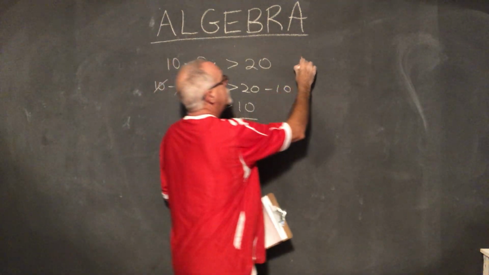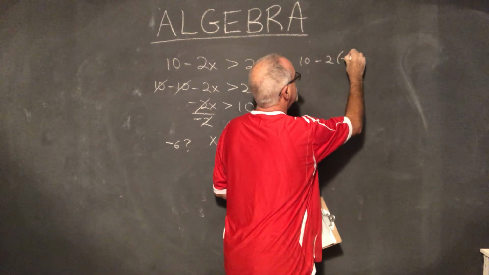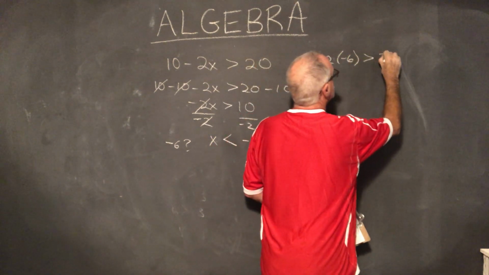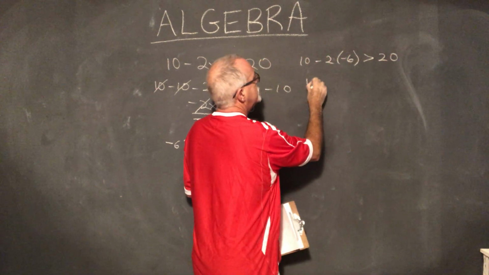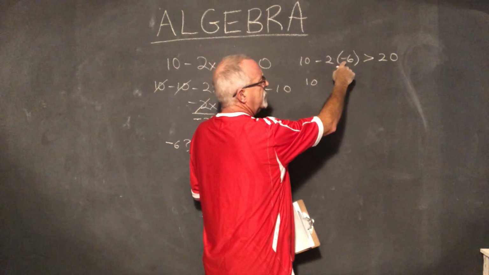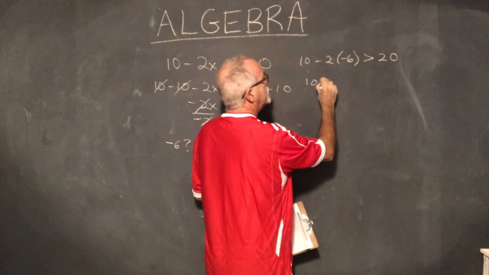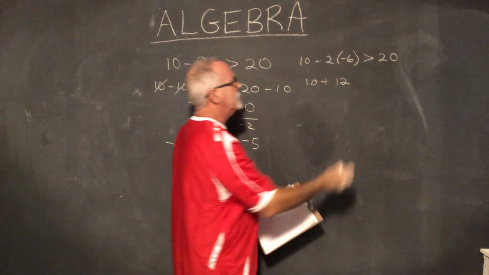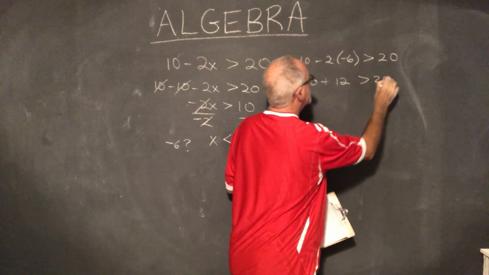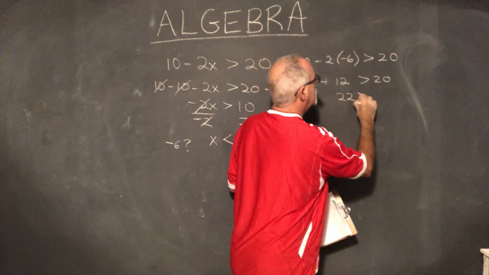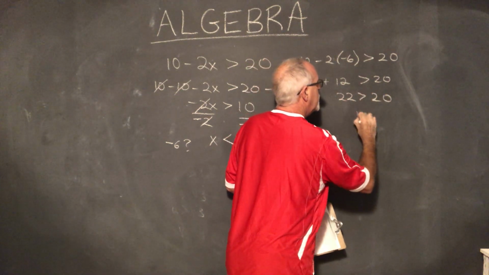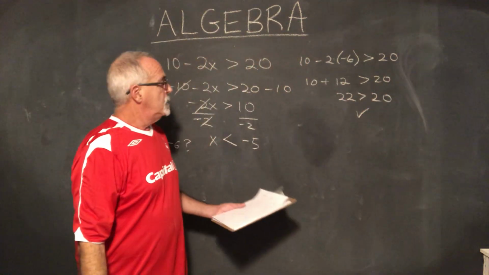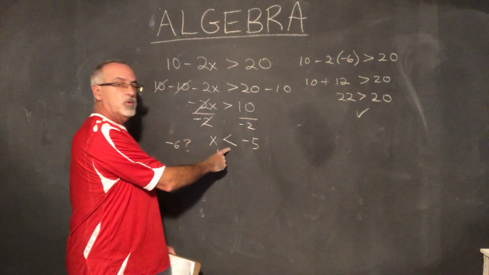Let's try it. 10 minus 2 times negative 6 greater than 20. Minus 2 times negative 6, these are going to multiply to give me a 12. Negative times negative is equal to a positive. Remember your laws of signs. 10 plus 12 is 22. 22 is greater than 20. It worked. It verified. So that means that the rule works.